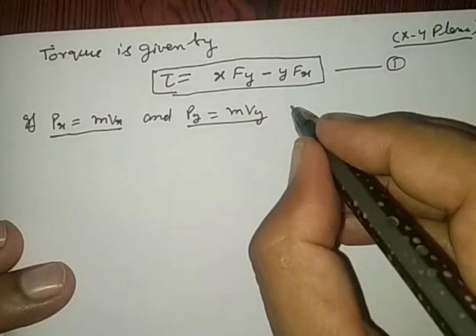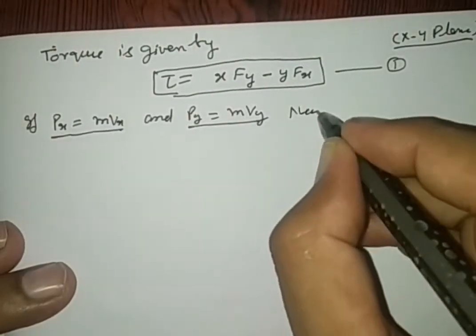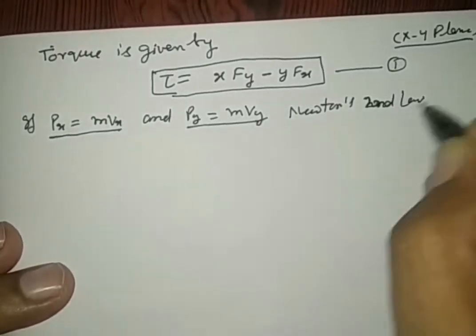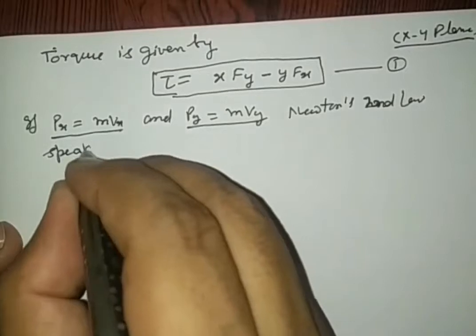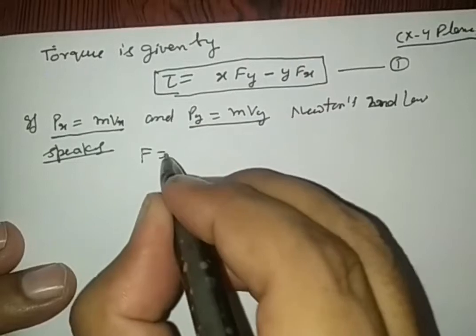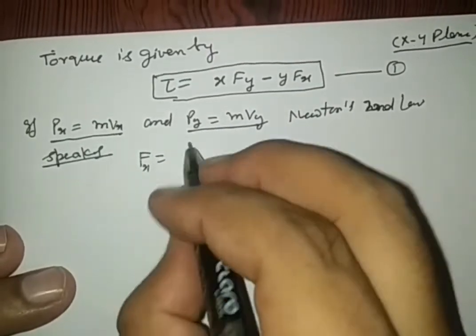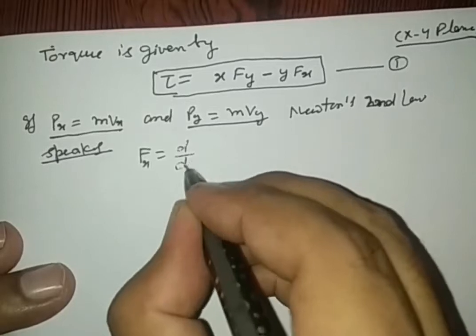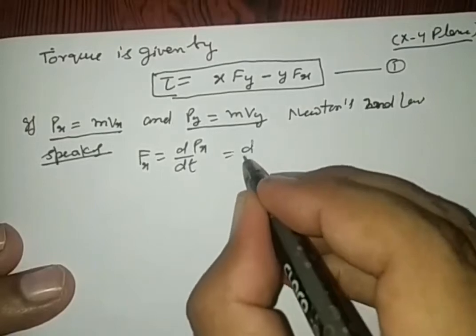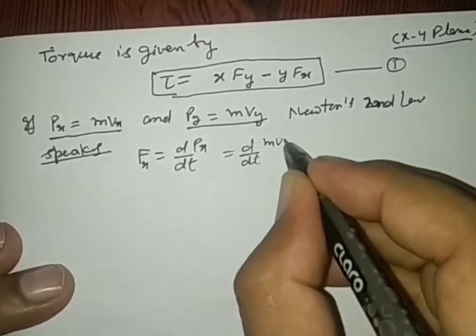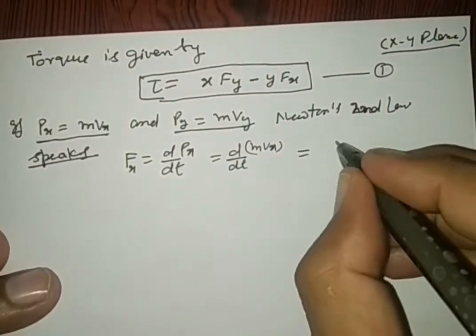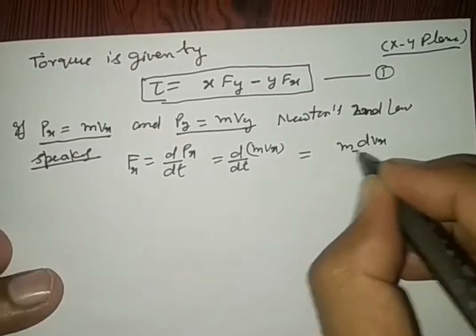Then Newton's second law speaks. What does Newton's second law say? The x component of force is equal to the rate of change of momentum of its x component, and it can be written as d by dt of m vx, or we may write m dvx by dt.